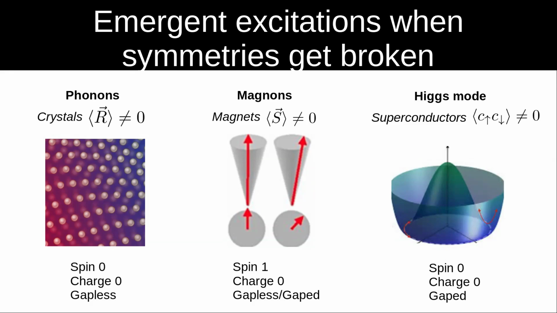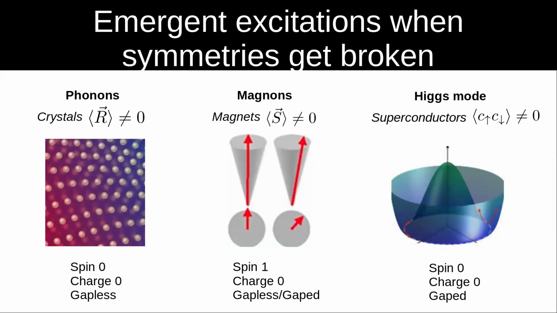This breaking of the continuous translational symmetry in real space gives rise to a quasi-particle that is called a phonon, that you are already familiar with from the material physics course.